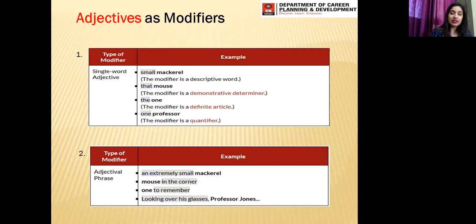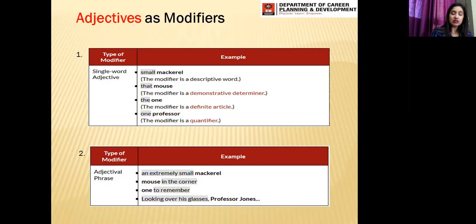In the first one, the single word adjective, the first example written here is small mackerel. Mackerel is the noun, and the word small describes what kind of mackerel it is.